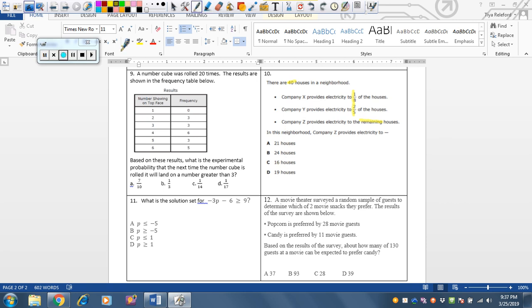So first, let's find out how many X and Y. So you're going to have to add 1/8 plus 2/5 first. You need a common denominator.